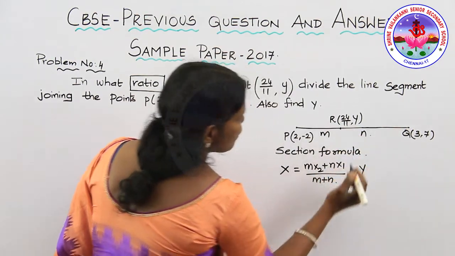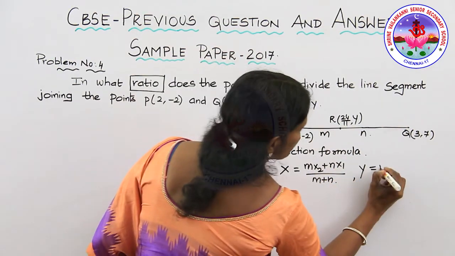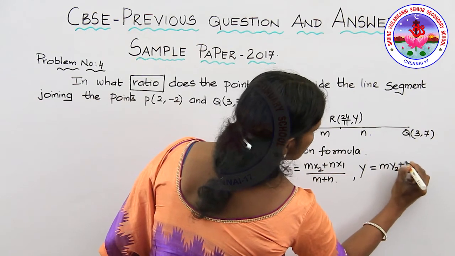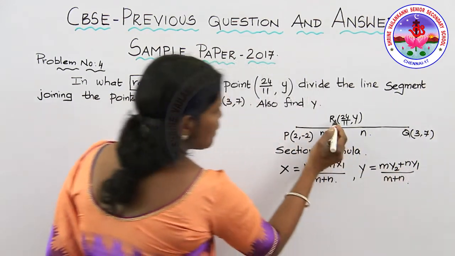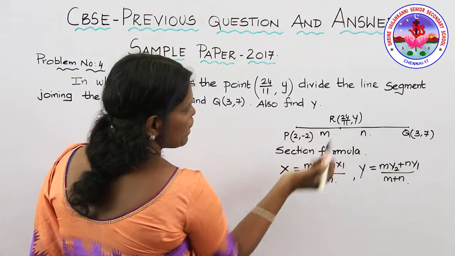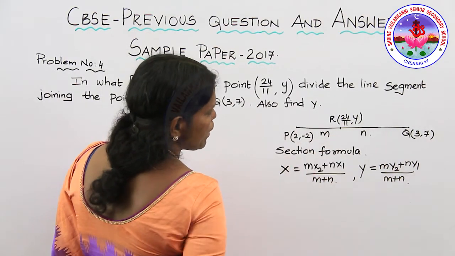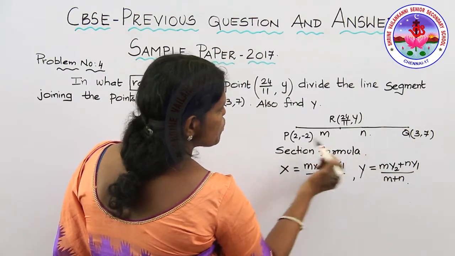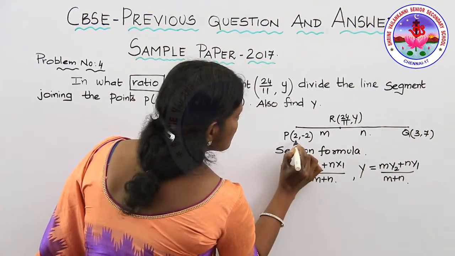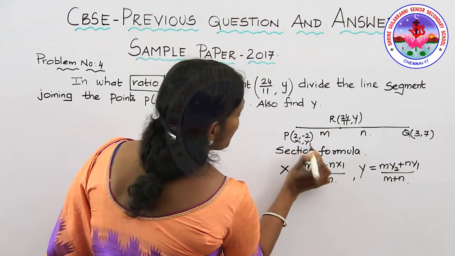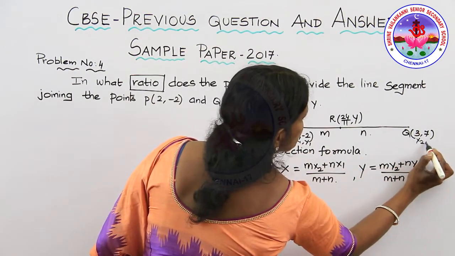Similarly, the y coordinate of this point can be found as m y2 plus n y1 divided by m plus n. But here my x coordinate has been given. I need to find the y coordinate. So anyway, I am going to substitute those points here to find the value of y. I am calling this P point x1, y1, and Q point x2, y2.